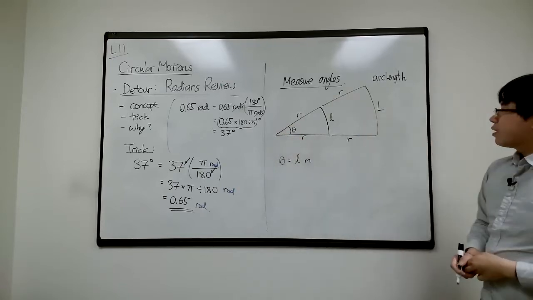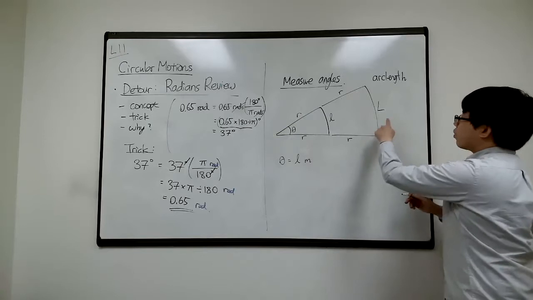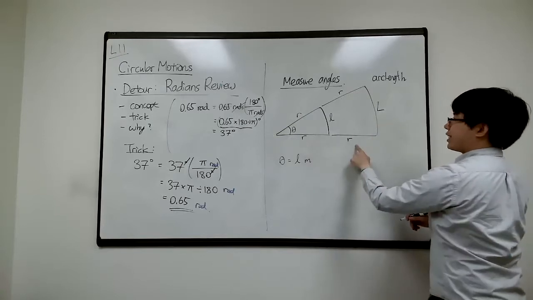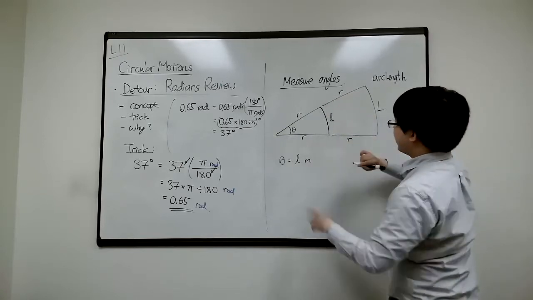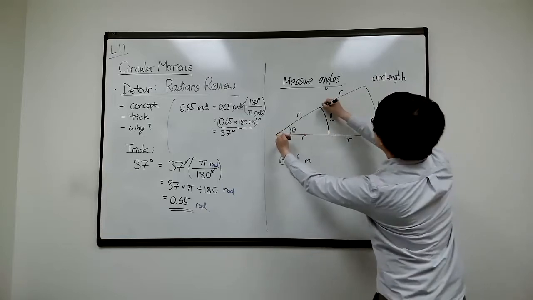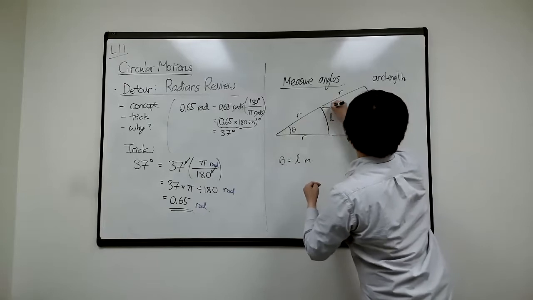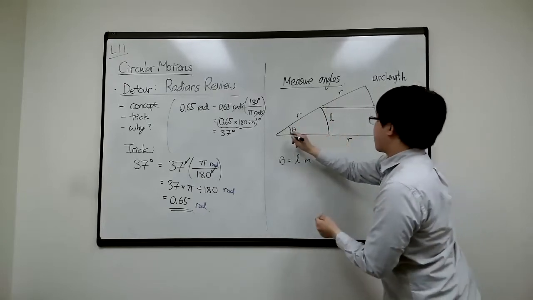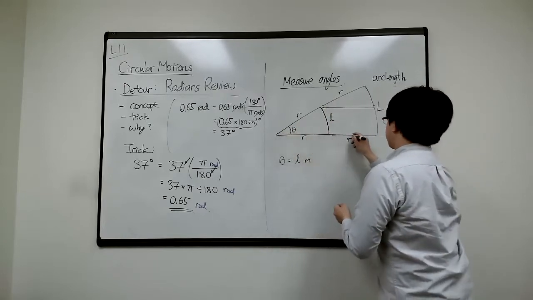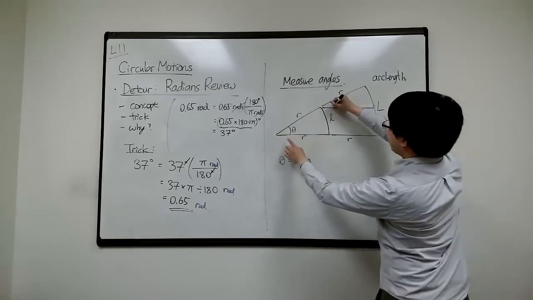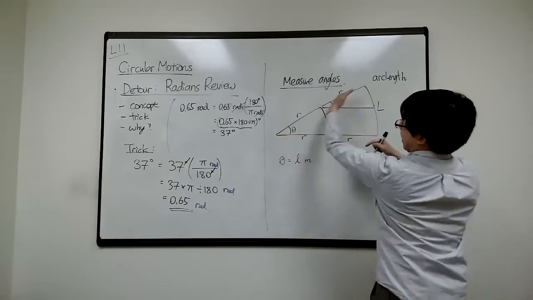So in fact, how much larger is this if I double the radius? Here's a trick. Let me draw a parallel line from here. It's not very parallel, right? If I draw a parallel line to this, then this is the same angle as this one, because that's another straight line.